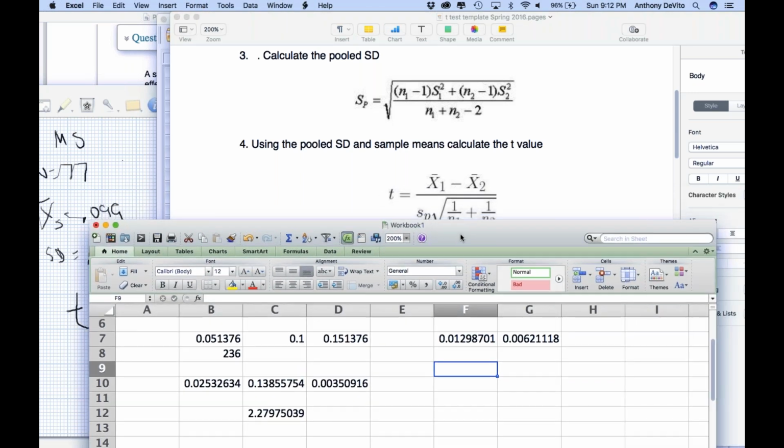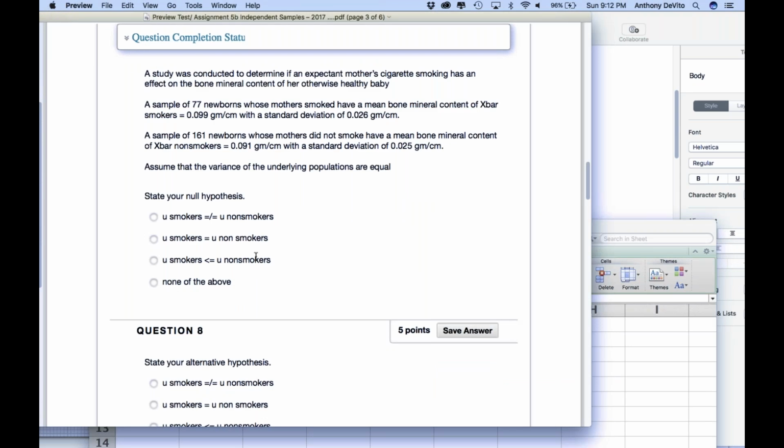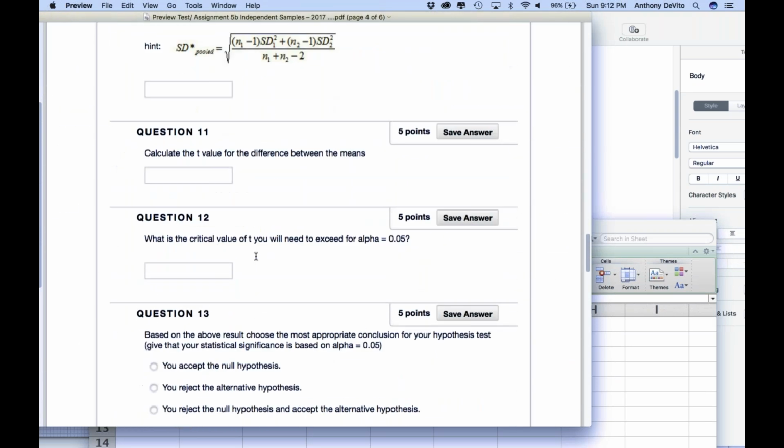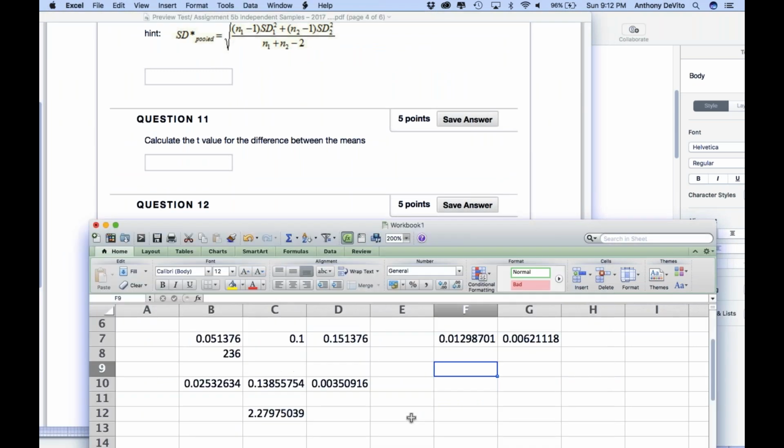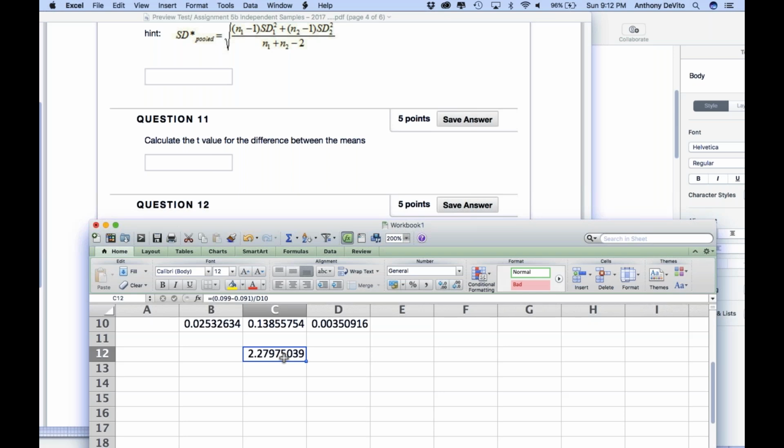Now, what was the problem? Which problem was it? It was question 11, which asks to calculate the t-value for the difference between the two means. The value I got was roughly 2.28. Is that the value you got also?